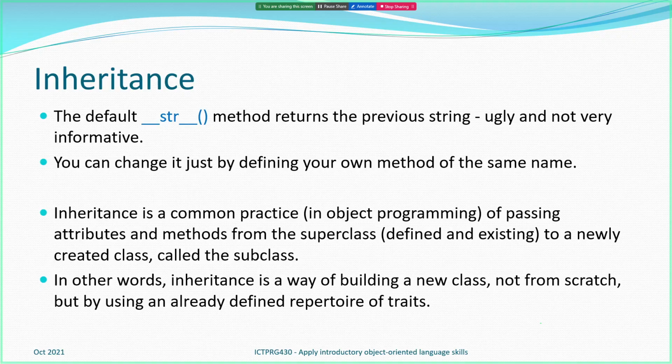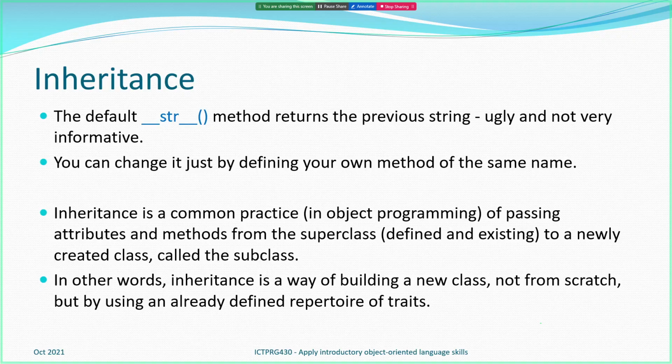When we create another class, it's called a subclass, and it has the properties from what is known as the superclass. This, in turn, is exactly what happens when we create an object. The object inherits the properties from the class.